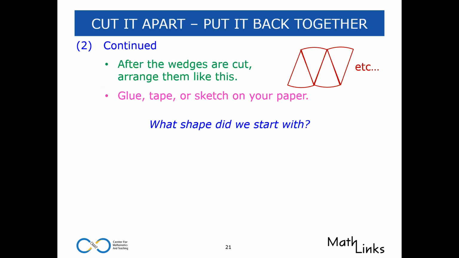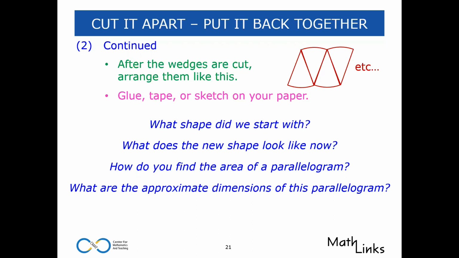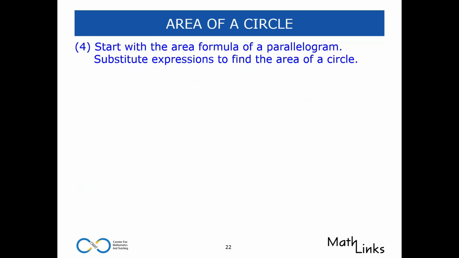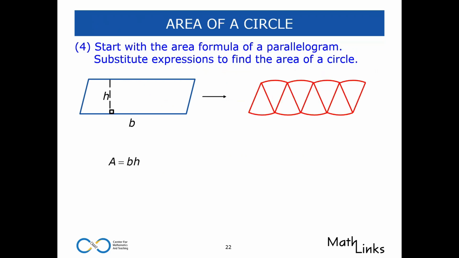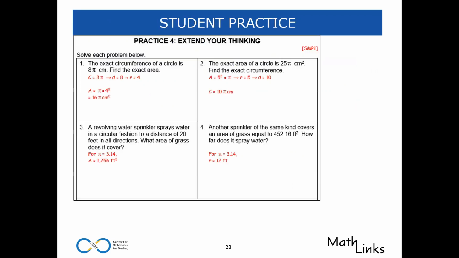And as students create these parallelogram-like figures, we move on and tie it all up here by relating properties of a parallelogram to the circular parts that we're now wrangling with. And then we arrive at the circle area formula.